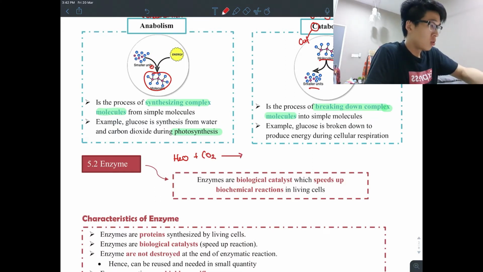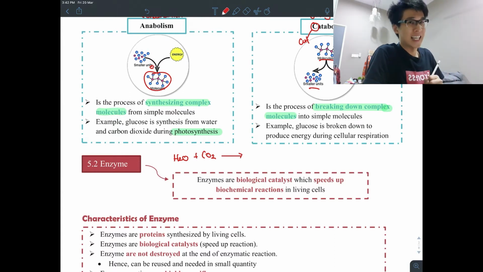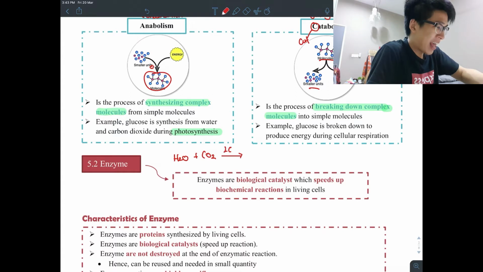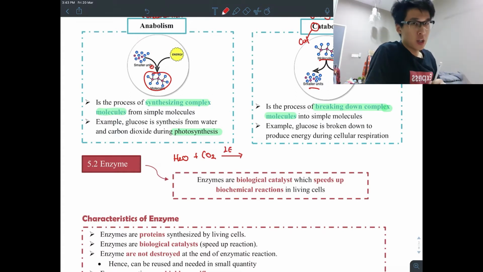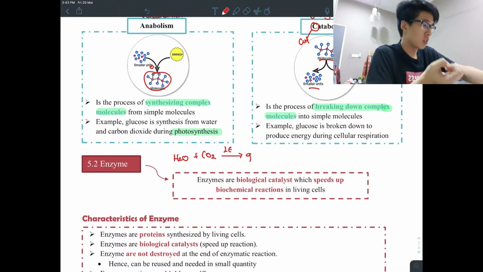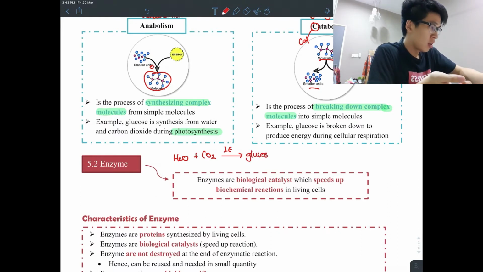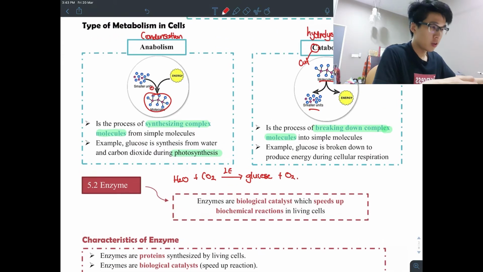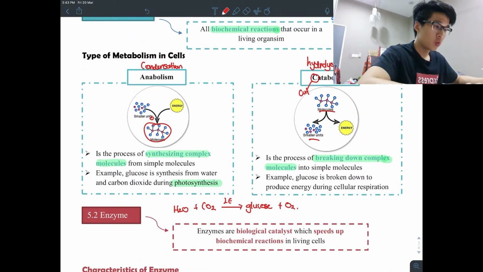And then obviously you also need sunlight, which is basically light energy. When all these things combine during photosynthesis, you will produce, as you learned before, glucose, the main product, and a byproduct, oxygen.